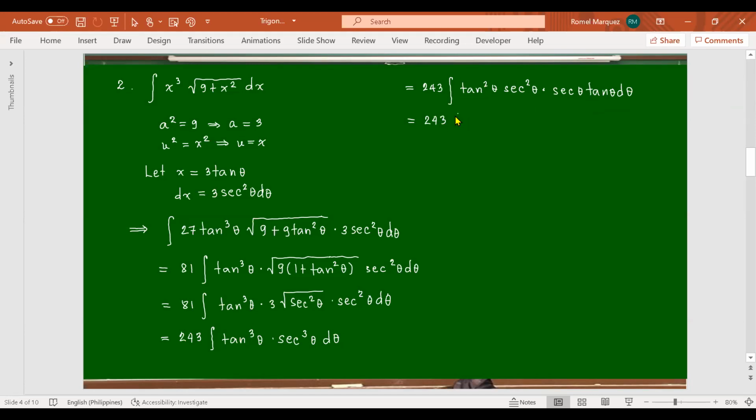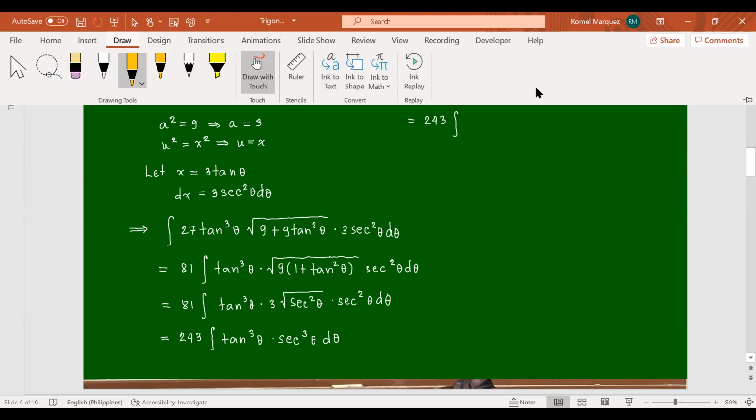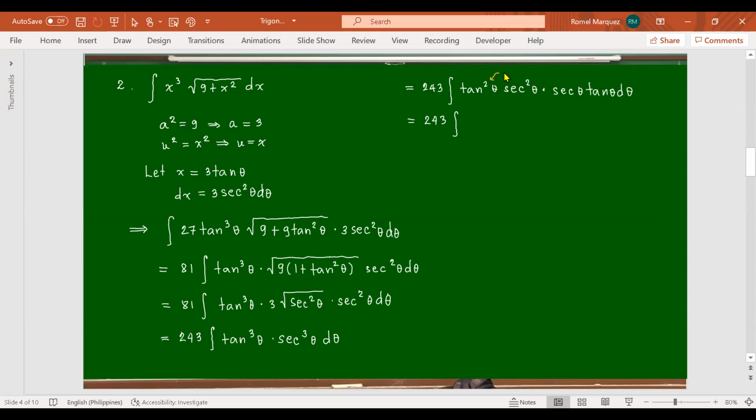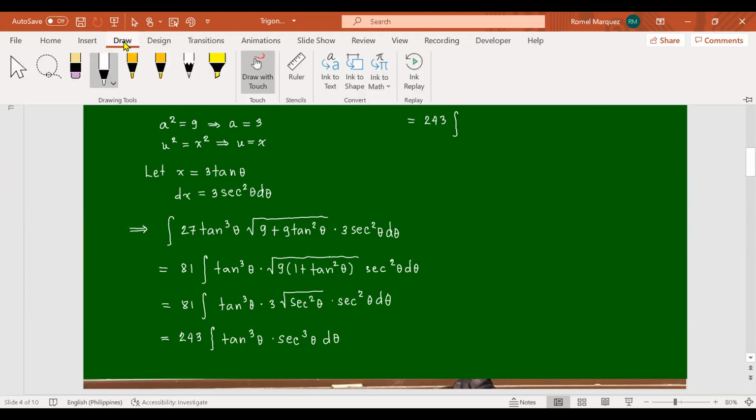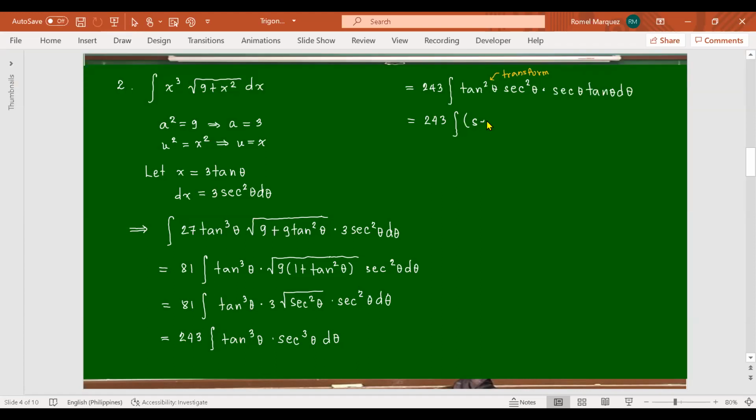So we have the integral of. So let's transform this. So this part, transform this. And that is equal to secant squared theta minus 1. Am I correct, guys? Multiplied by secant squared theta, then times secant theta tangent theta d theta.